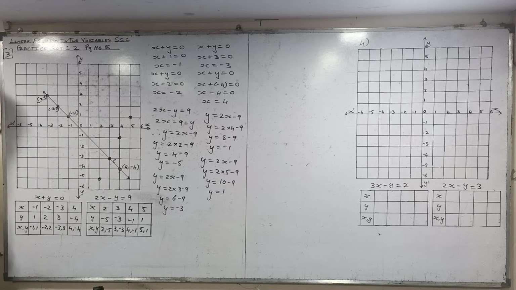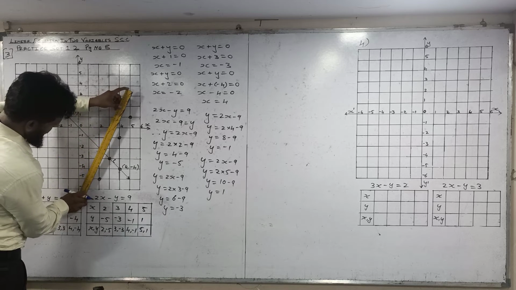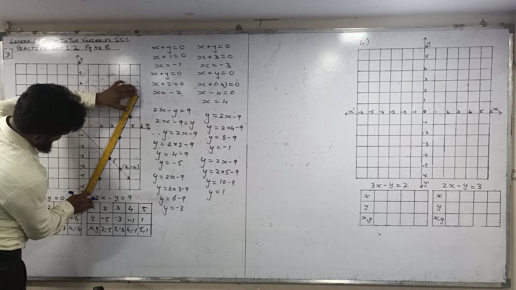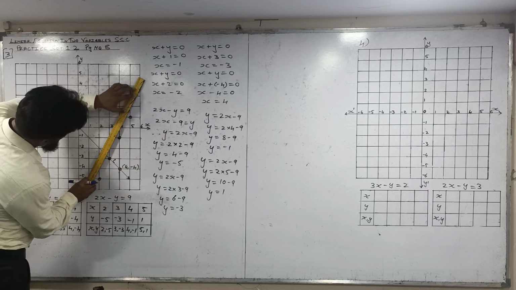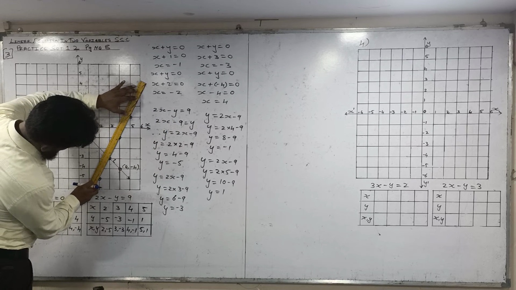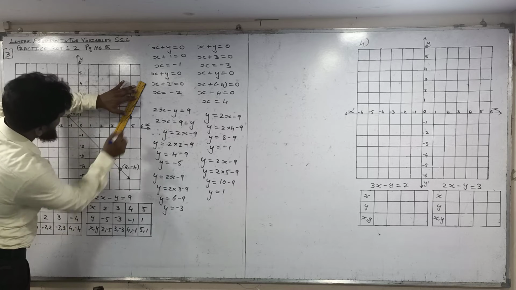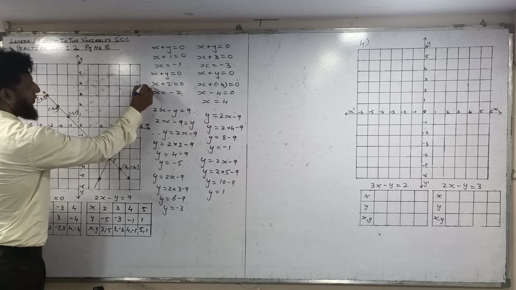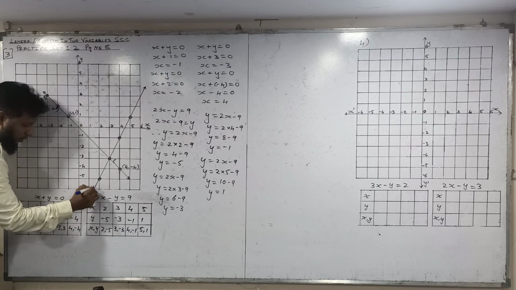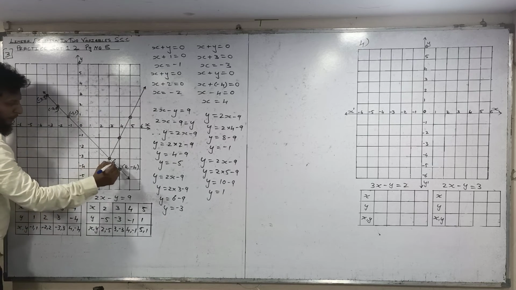Now take your ruler, arrange all these 4 points and draw the line. So write the points also.